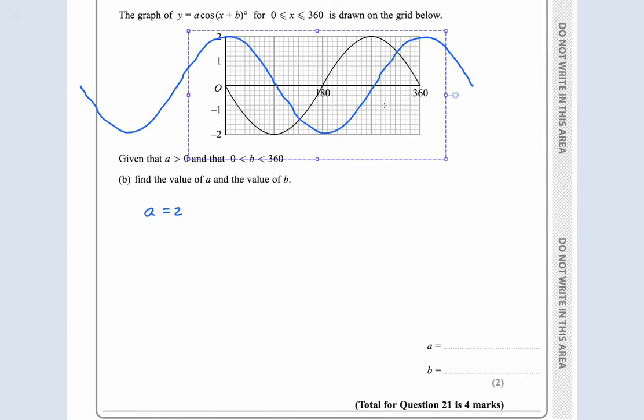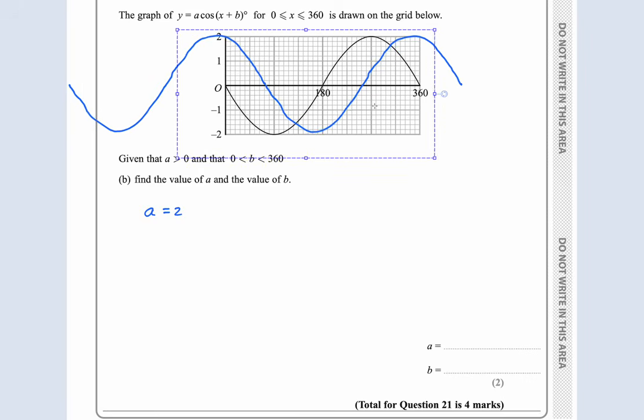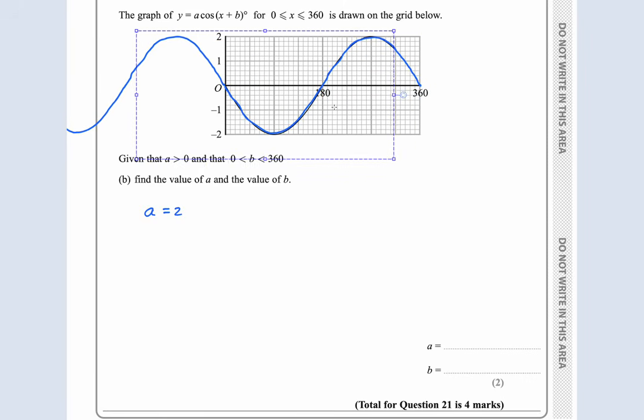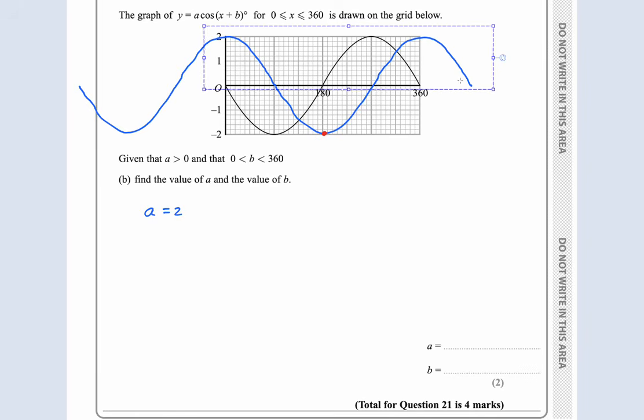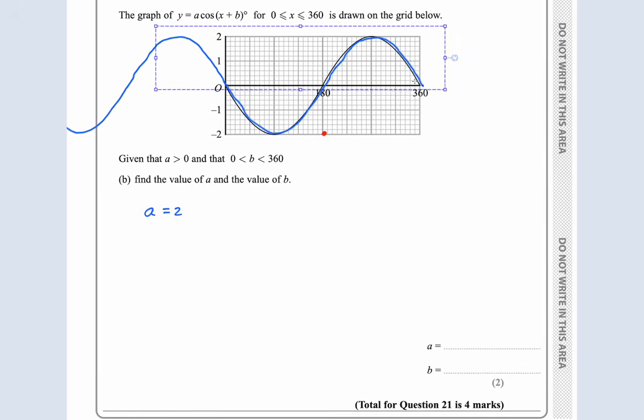Now, how much are we moving it left? Well, let's do it. I'm going to move it from here over to here. Now you can see, how much did I move it left? Well, let's go back to where it was. Now, look at this minimum point here. It started at 180. And I'm going to move it left to here. And now the minimum point is there.